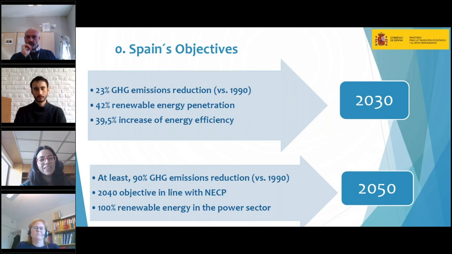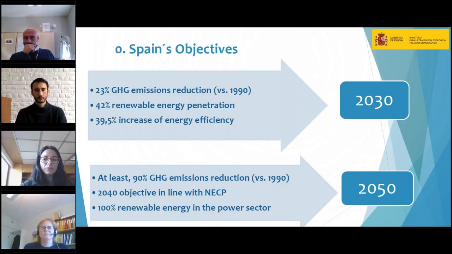Regarding renewable energy penetration over the final energy consumption, we set a target of 42%, and in terms of energy efficiency, an increase of 39.5% with respect to the reference scenario that was set by the European Commission several years ago.